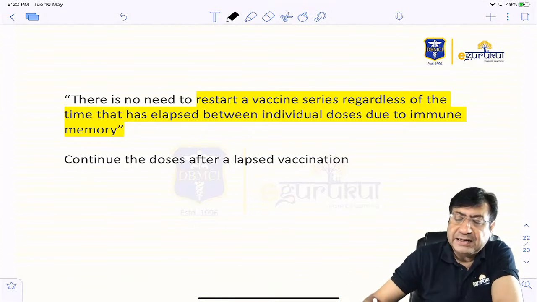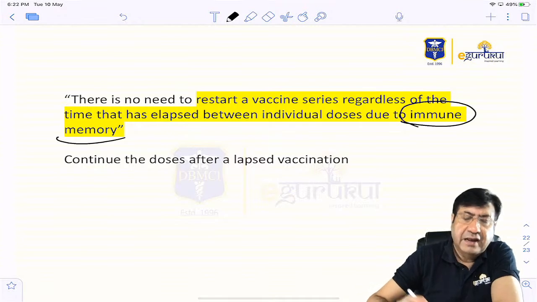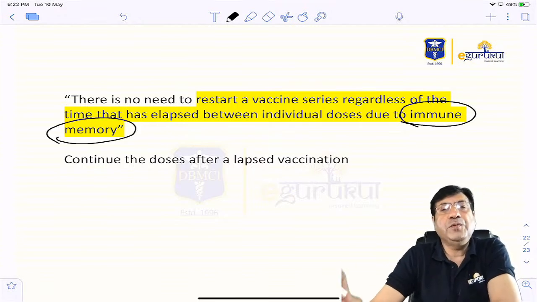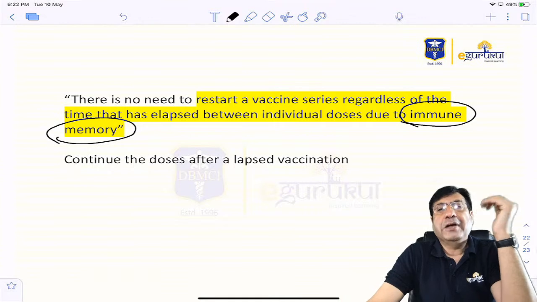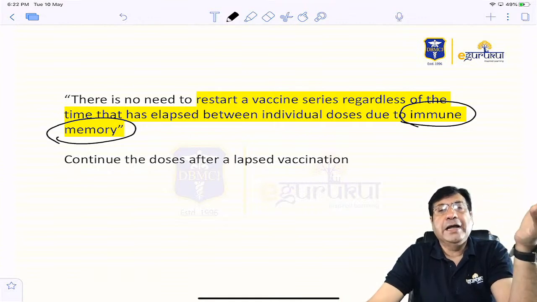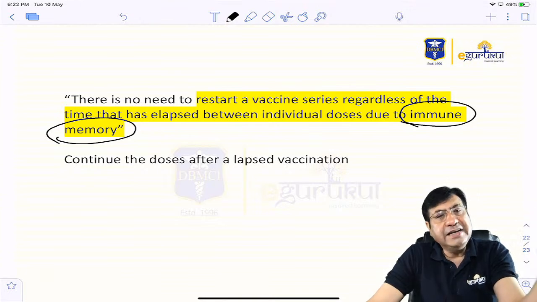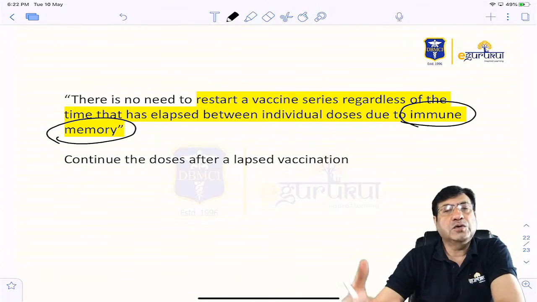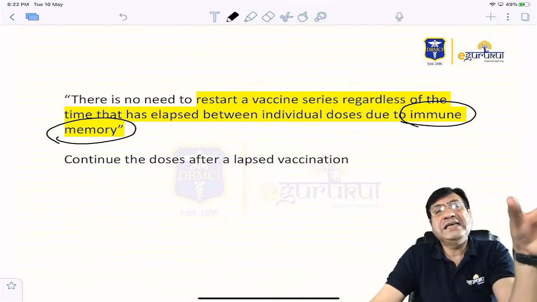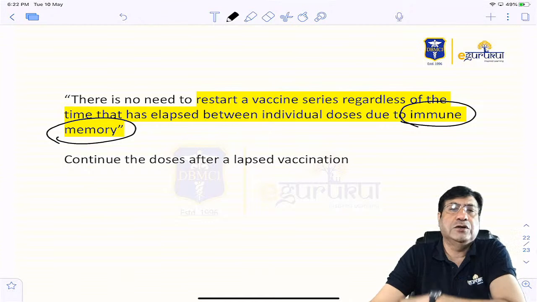That's because there is an immune memory present. Once antibodies form, there will be an immune memory. And because of that immune memory, there is no point in restarting the whole schedule. Just continue from where you have left. So if the first dose has already been given, start from the second dose, third dose, and always maintain a 4 weeks gap between the 2 doses.